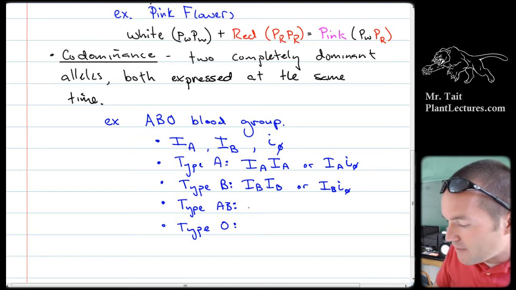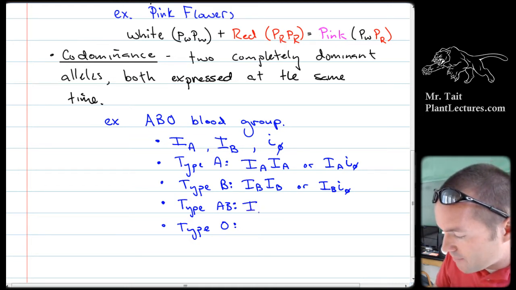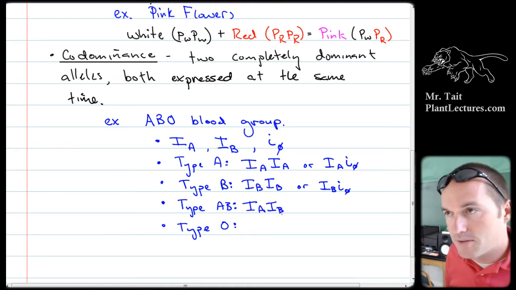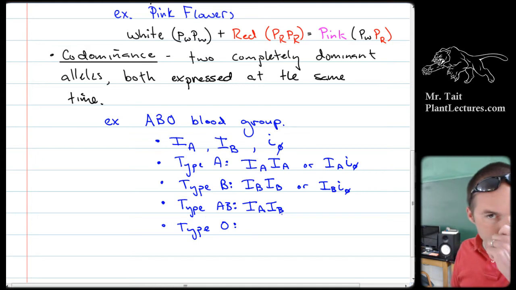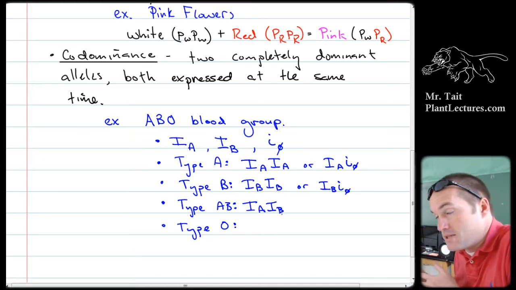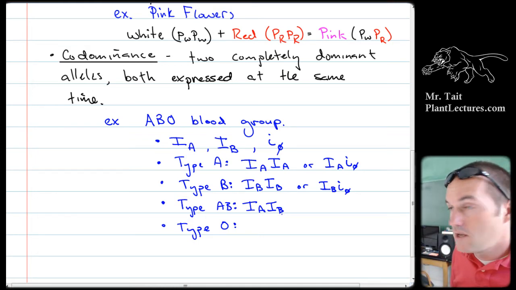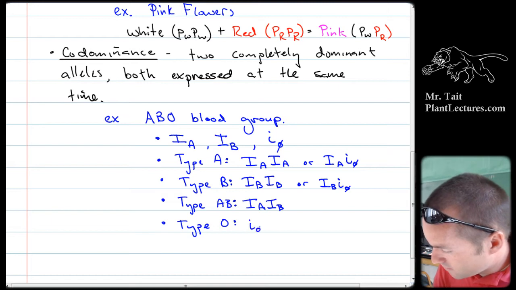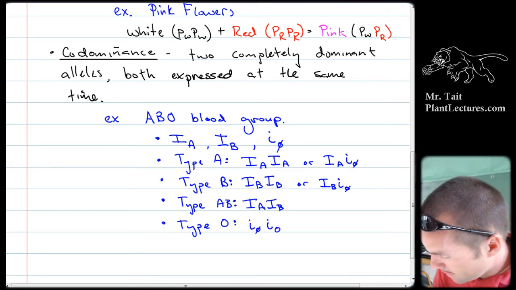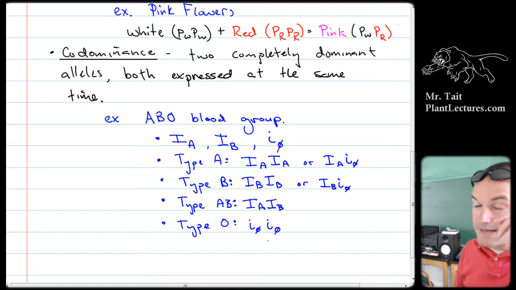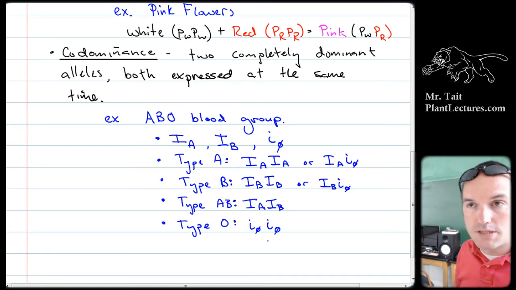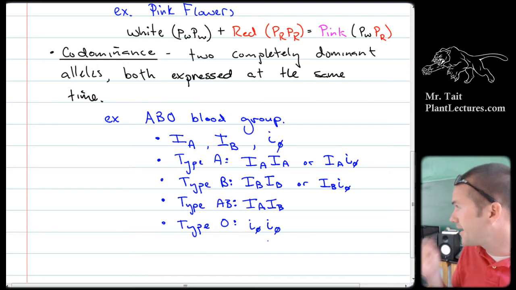Okay? Type AB, though, is when you have one copy of the A producing its protein and one copy of the B producing its protein. So you'd have both protein A and protein B on the surface of your blood cells. And then type O is if you have neither. So the only way that you get type O is if you have two copies of that no protein gene. Okay?